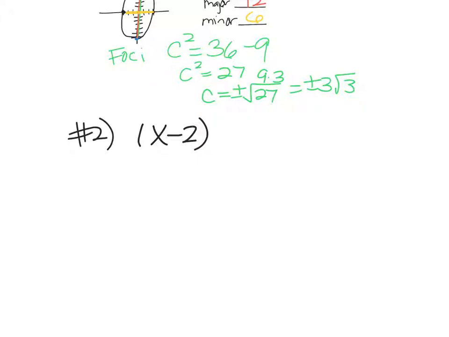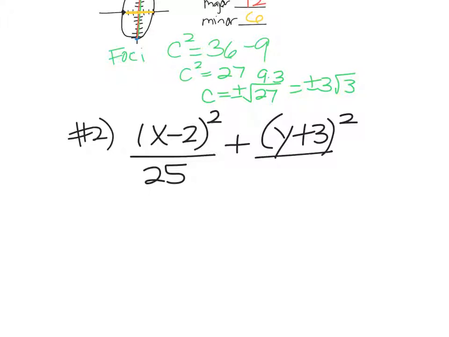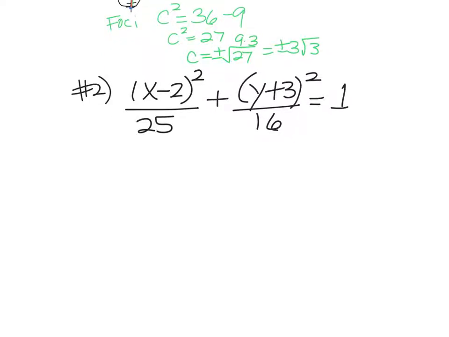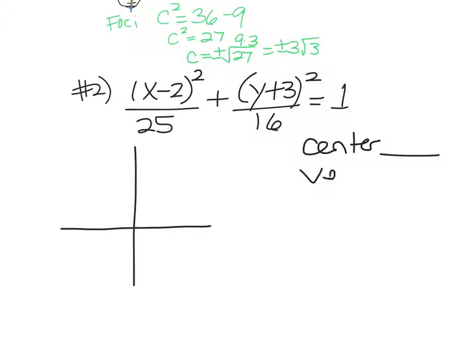So this is x minus 2 squared over 25 plus y plus 3 squared over 16 equals 1. Okay, so we're going to do the whole thing. We're going to graph it. We're going to say what the center is, the vertices, the foci.